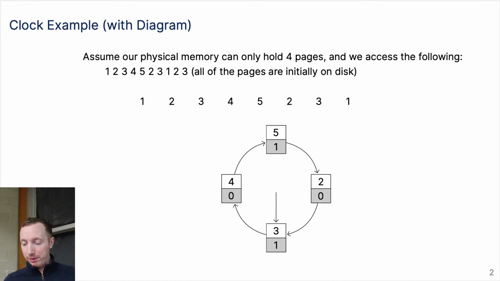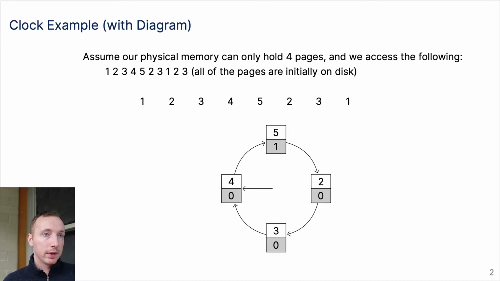Similarly, for page 3, we're also not going to kick it out because we just referenced it. So this is good that we're keeping track of it. Now we would change its reference bit from a 1 to a 0, advance the hand, and now we have page 4. Its reference bit is 0, so we can replace that with page 1.